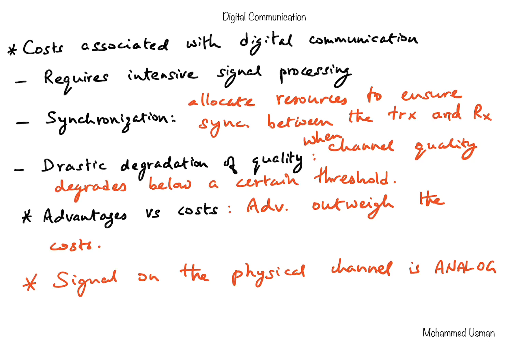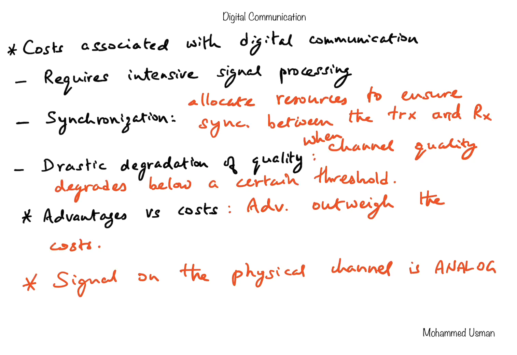So in a digital communication system, the source produces an analog signal which gets converted to a digital signal, and in the digital domain a lot of signal processing, compression, error detection and error correction mechanisms, channel coding, encryption, and a lot of other techniques associated with the digital domain are implemented.